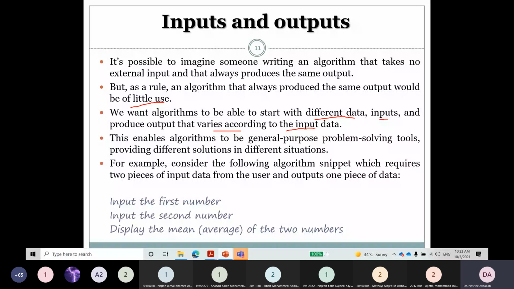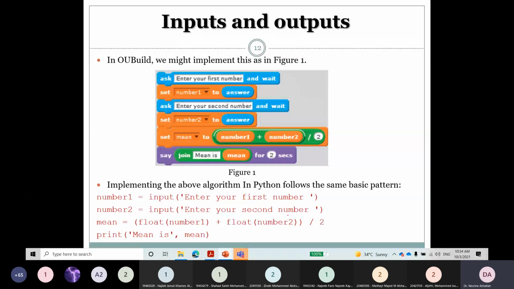For example, consider the following algorithm, which requires 2 pieces of input data from the user and outputs 1 piece of data. You input the first number and the second number, and it displays the mean. You may implement this as in figure 1. I will ask you to give me the first number and store your answer in the variable number 1.